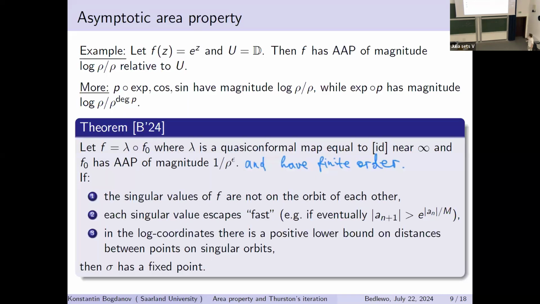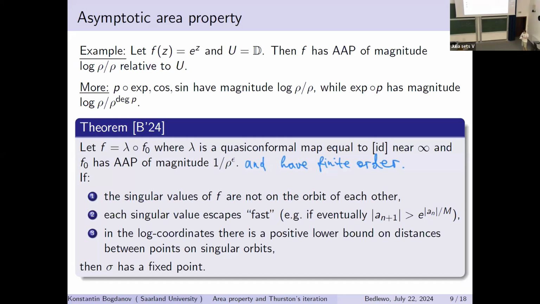And in fact, this type of escape is natural for transcendental entire functions, because usually the points tend to escape with a speed faster than some iterates of the real exponential. And finally, there is a condition that in the logarithmic coordinates, there is a positive lower bound on the distances between marked points, so that they cannot be arbitrarily close to each other.